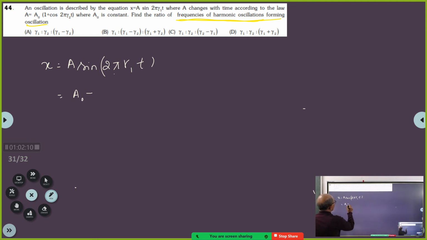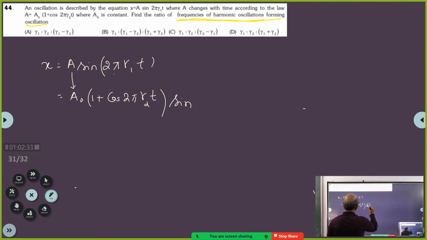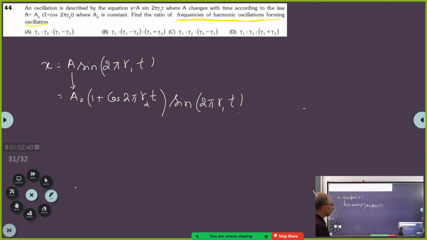A is A naught into 1 plus cos of 2 pi nu 2 t, into sin of 2 pi nu 1 t. Got it?